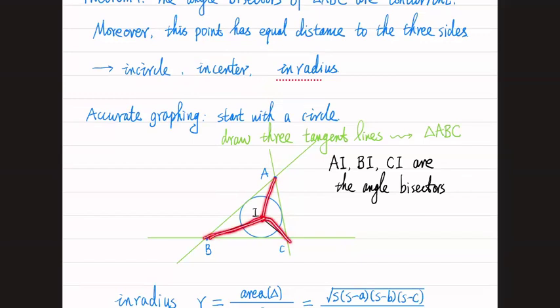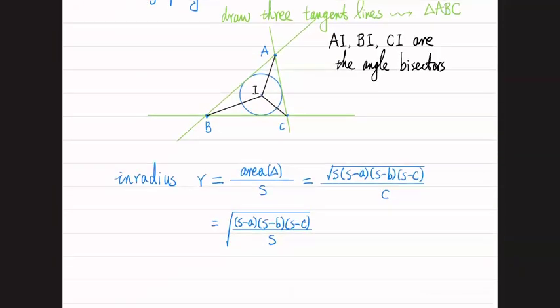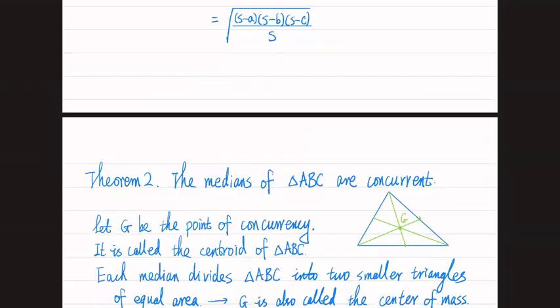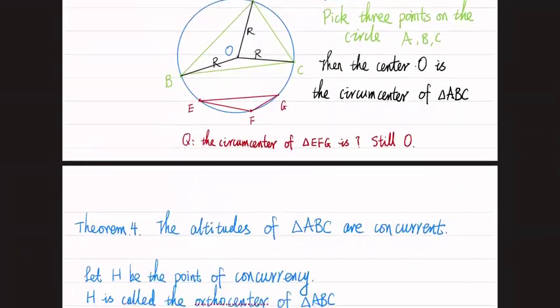So these 3 are all in the triangle. In particular, the incenter is always inside the triangle. So for the first 2, they're always inside. The second 2, maybe inside, maybe outside. It depends.